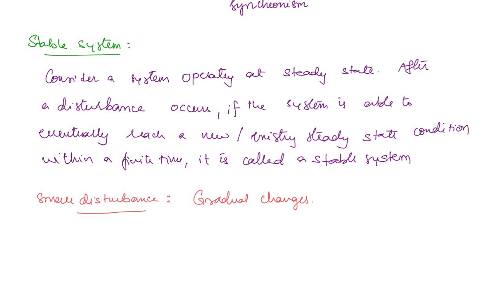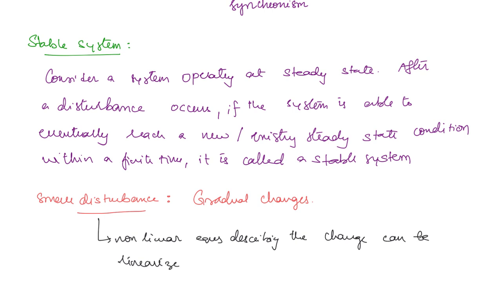The mathematical equations that are describing the change can be linearized. Once something can be linearized, it is easier to analyze. Linear systems are easier to analyze. So the non-linear equations describing the change can be linearized for the purpose of analysis.